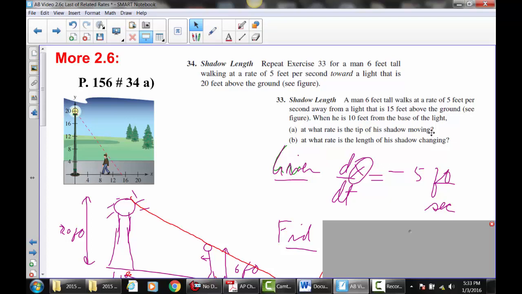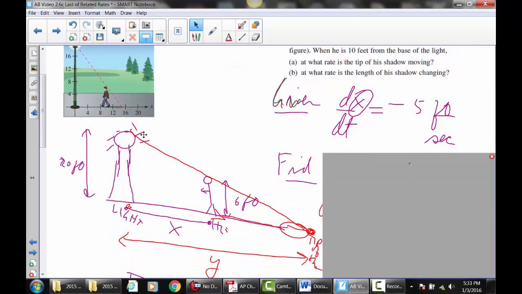We're repeating the questions for number 33: at what rate is the tip of his shadow moving, and at what rate is the length of his shadow changing? If this is the light source, then the shadow will be behind him. There's the feet of his shadow and the head of his shadow.